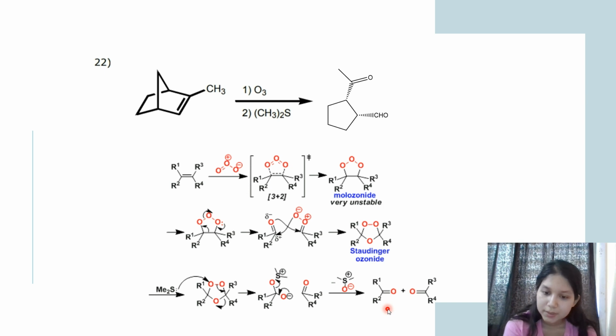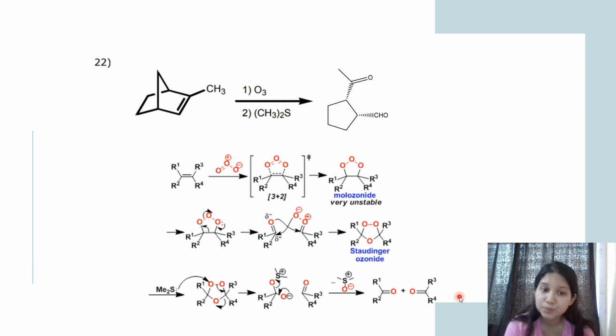Thus, you first started with a carbon-carbon double bond, you treated it with ozone, and in the next step, dimethyl sulfide, and you eliminate this dimethyl sulfoxide to get this pair of carbonyl compounds.